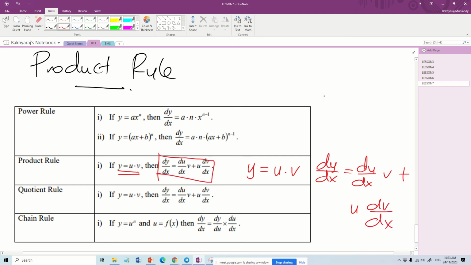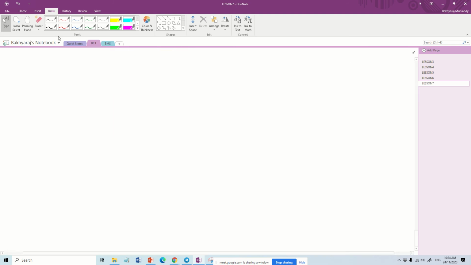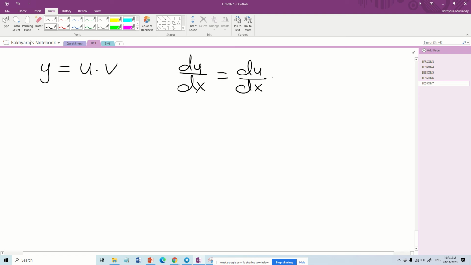So I write it back the formula, don't worry. Okay, kita tulis balik. Product rule ialah apa? Product rule ialah when you have y equals u dot v, so your formula ialah dy/dx adalah sama dengan du/dx v tambah u dv/dx.